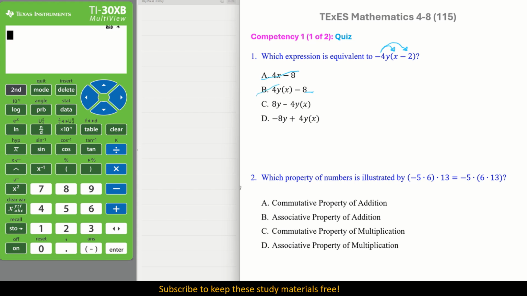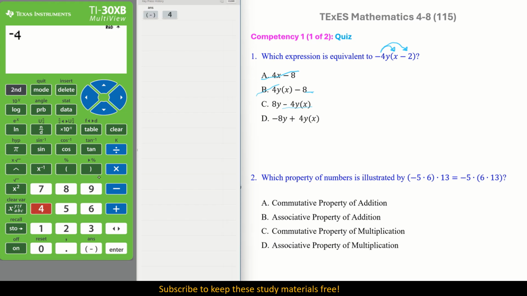Let's look at C. They have negative 4yx. Well, I see that right here. I agree with that. And negative 4 times negative 2. If you get tired and these numbers are larger, you could just pop it in the calculator. Negative 4 times negative 2, because we're using the times we need negative on both, and it gives us a positive 8.